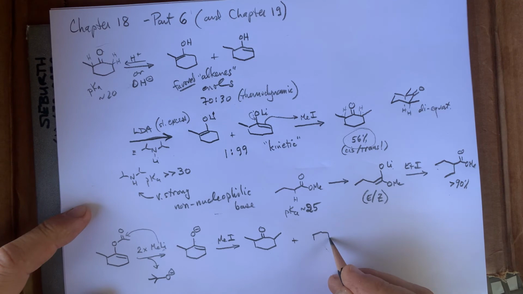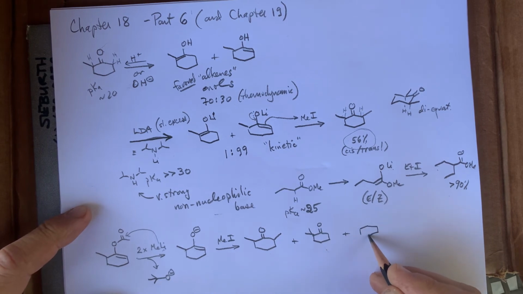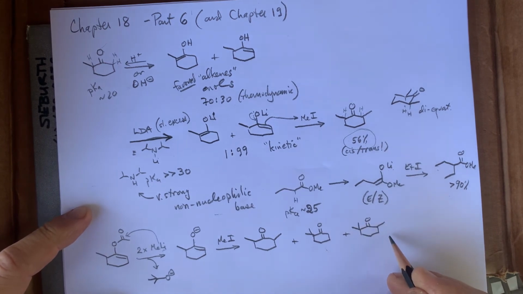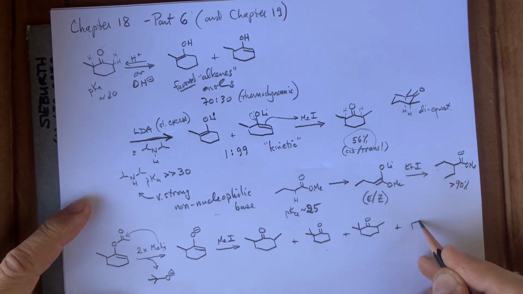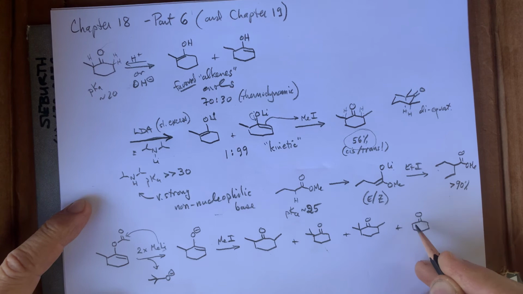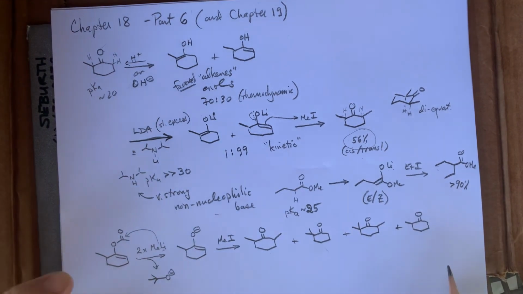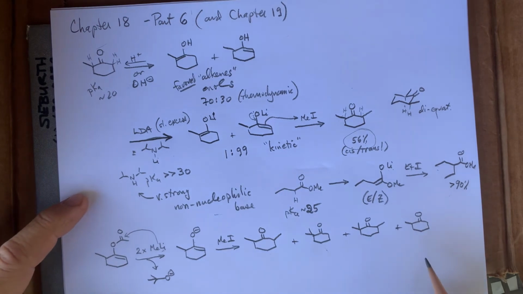But they would also get 2,2, and then they'd get some 2,2,6, and starting material, they'd recover ketone, 2-methylcyclohexanone, and the yields were modest, and the mixtures were difficult.